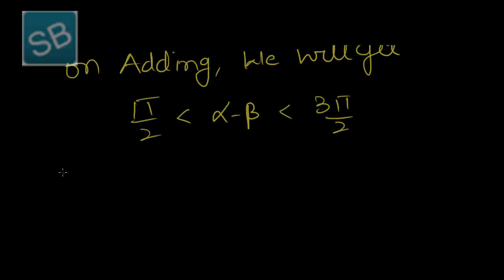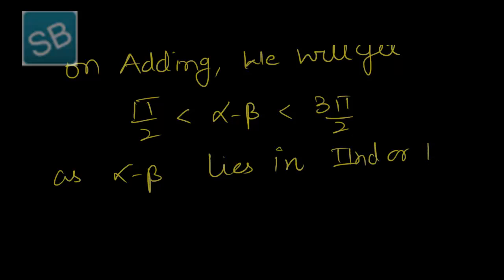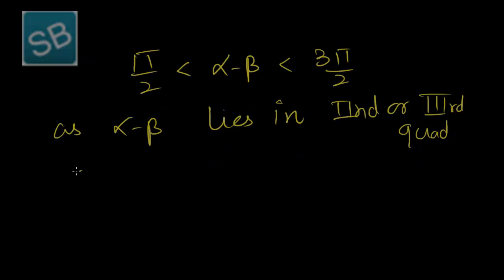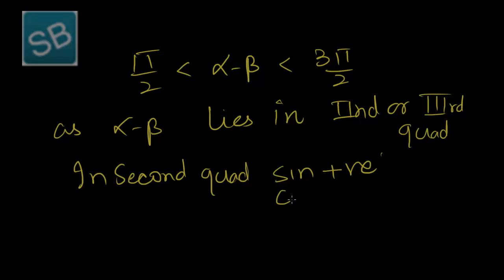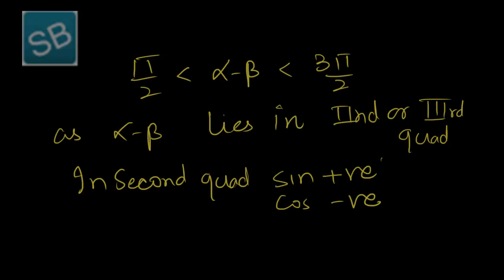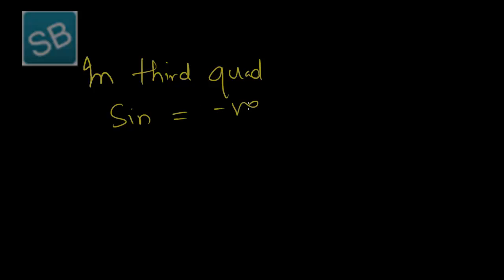So as alpha minus beta lies in either the second or third quadrant: in the second quadrant, sin is positive and cos is negative, and in the third quadrant, sin is negative and cos is negative.